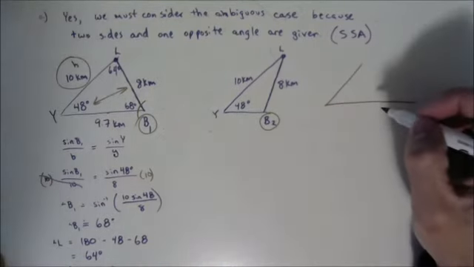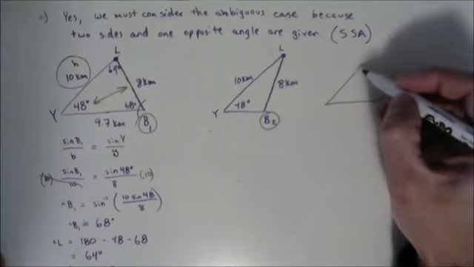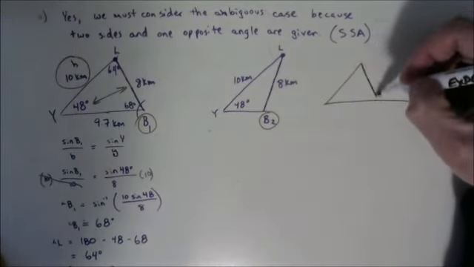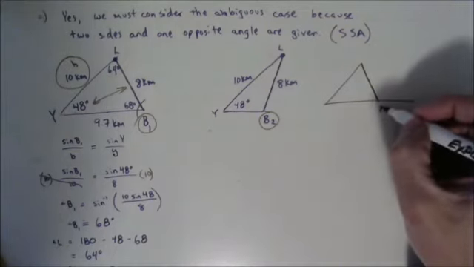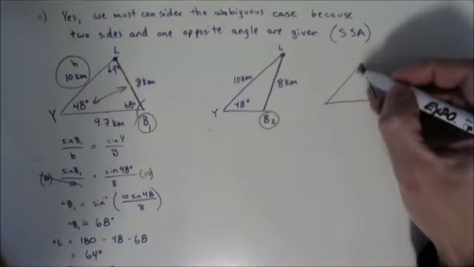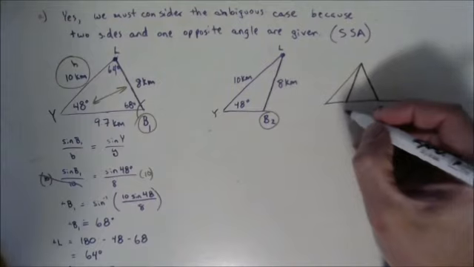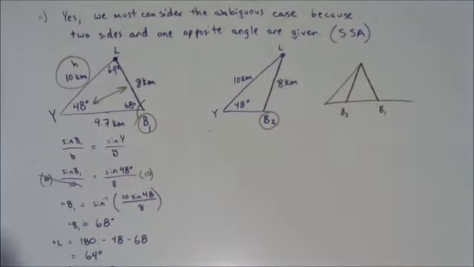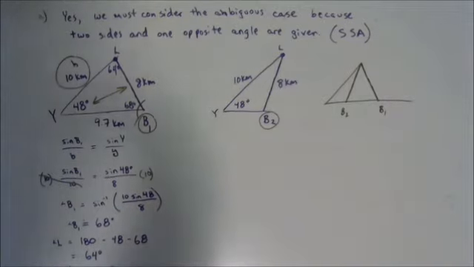I'm not going to prove it in depth right here, but basically this was option 1, this was B1, and this is B2, and we've created a number of angles here.